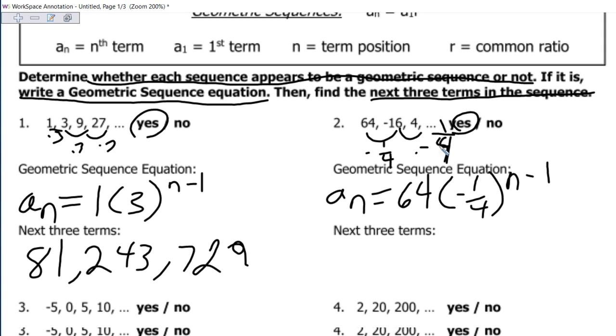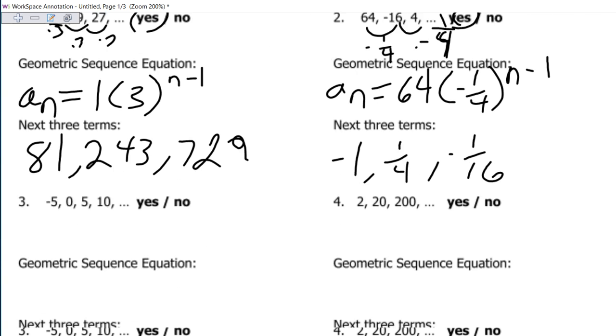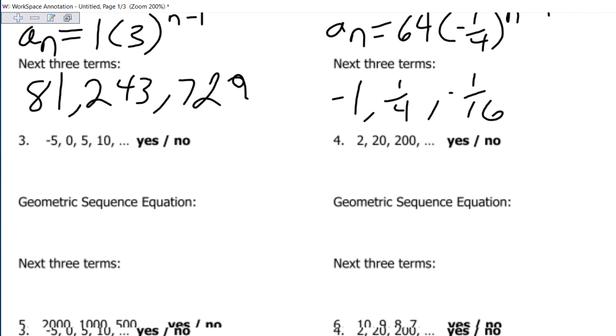Now, 4 times negative 1/4 would produce negative 1. And negative 1 times negative 1/4 would be 1/4. And then 1/4 times negative 1/4 would be negative 1/16. And there's our answers. Very simple.